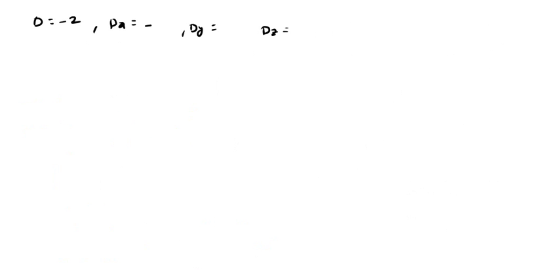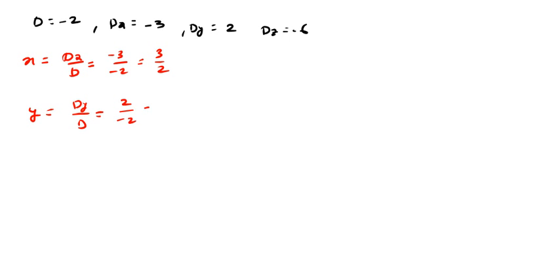Finally, x is equal to dx upon D, which is minus 3 upon minus 2, so 3 by 2. y is dy upon D, so 2 upon minus 2, which is minus 1. z is equal to dz upon D, so this will be minus 6 upon minus 2, which is equal to 3.